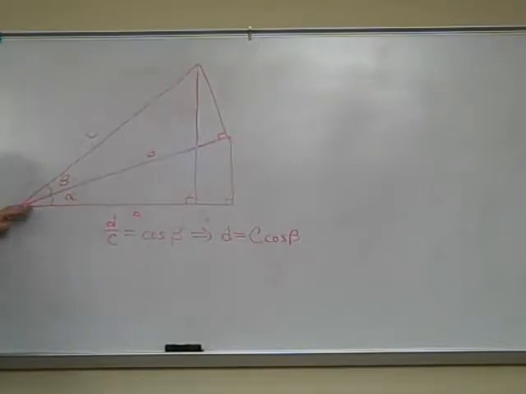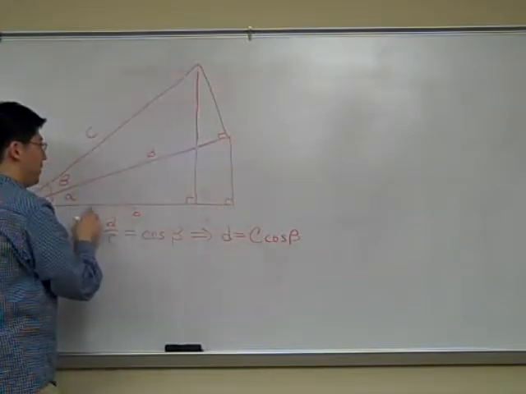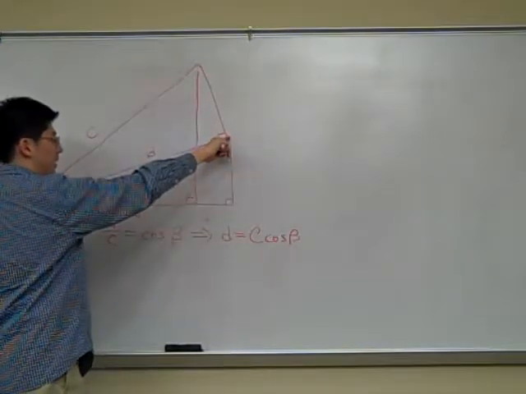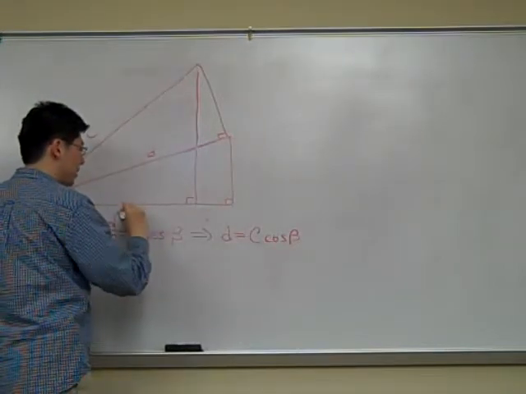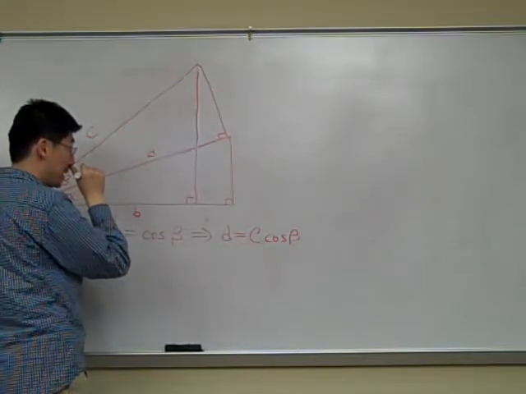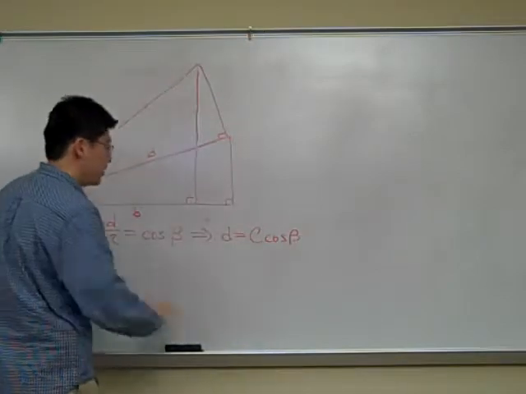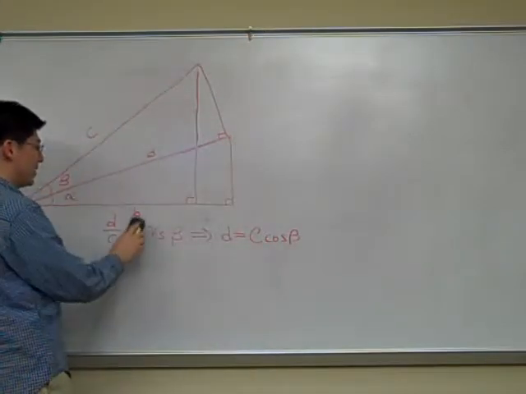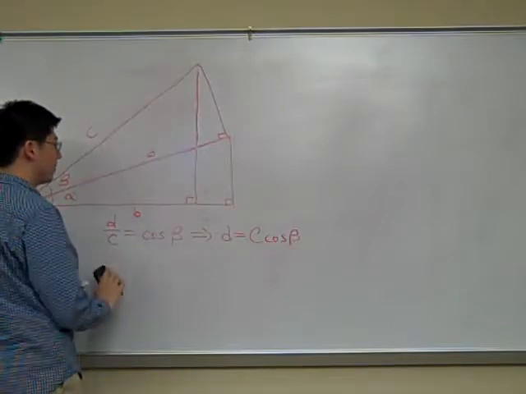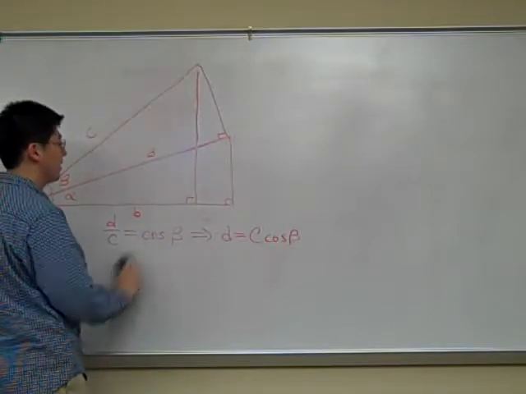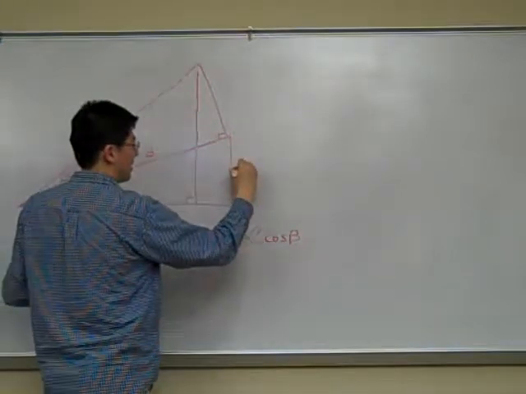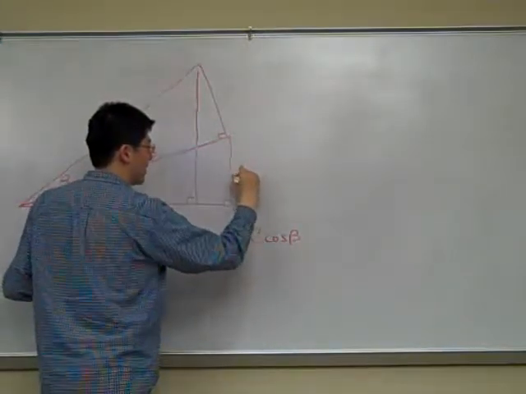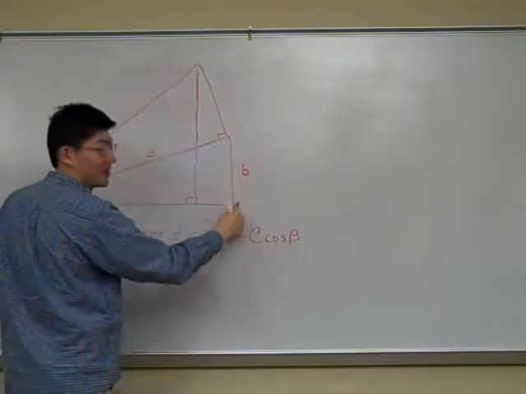Well, here we have another right triangle with D as the hypotenuse and B as the adjacent side. Okay, actually, we're trying to find sine, so this is actually going to be the cosine of it, but yeah, so let's not find this length, let's find this length here. Okay, but it's the same concept, so B is the distance from here to here.